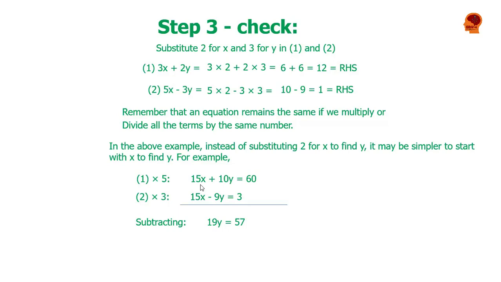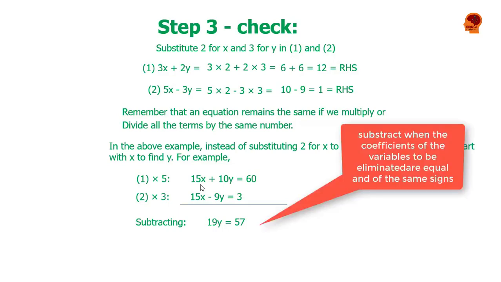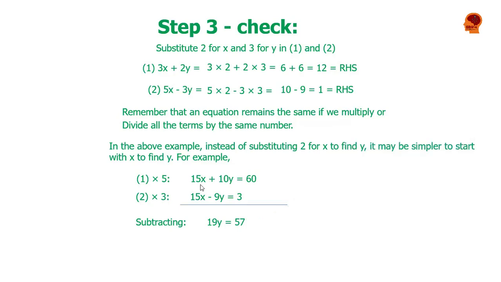Plus 10y, minus minus 9y: minus times minus gives me what? Plus. So plus 10y plus 9y gives me 19y equals 57. And we divide both sides by 19, which is the coefficient of y, and then we have y equals what? 3. So it is the same thing. We're always going to get the same answer.